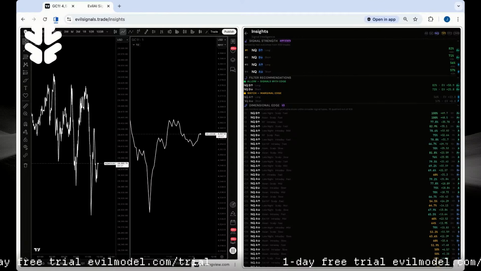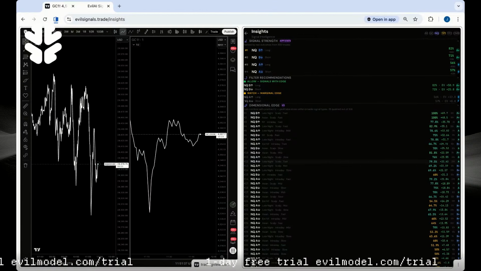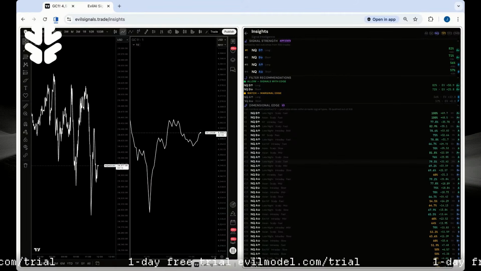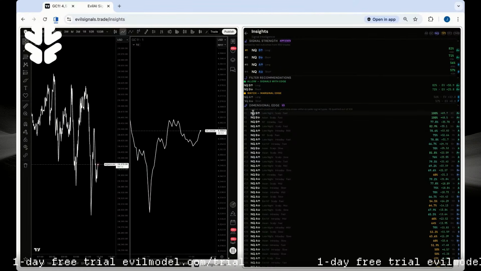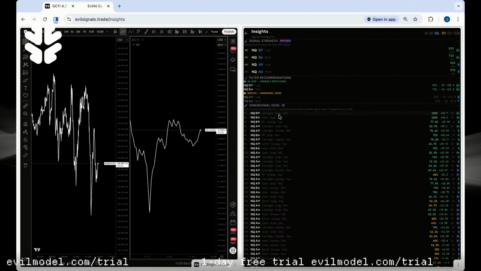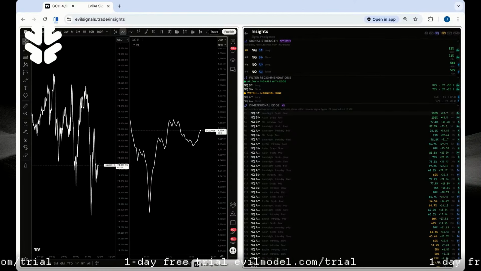And these are dimensional edges. So you've got the broad edge, which is like NQB long, for example. But then you've got the more detailed edge, which is like NQB long late night session, scout mode activated in TradingView in the stack script, and then fast.